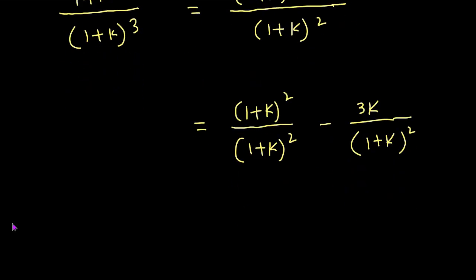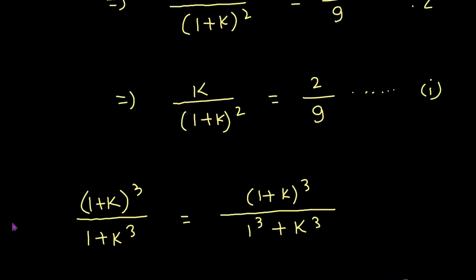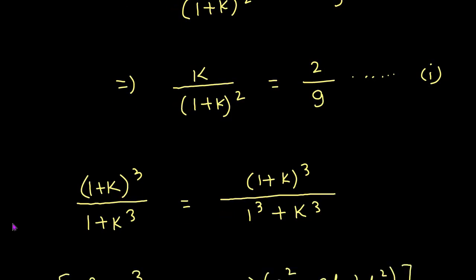We can cut these two values and write 1 − 3k/(1 + k)². But we know the value of k/(1 + k)² from equation number 1, which is 2/9.